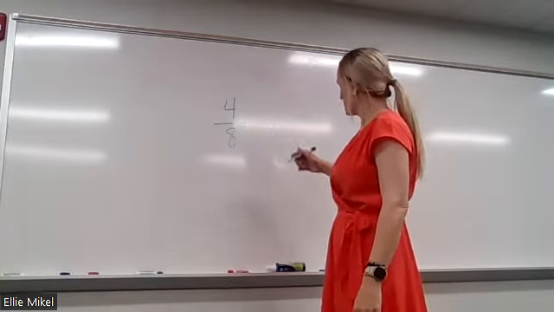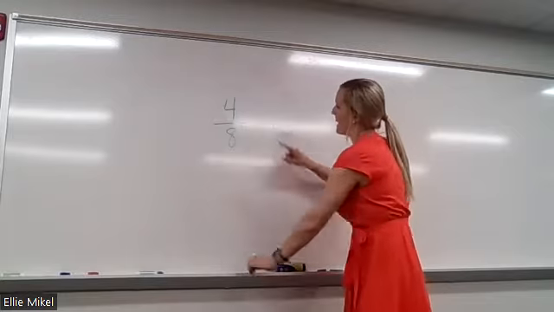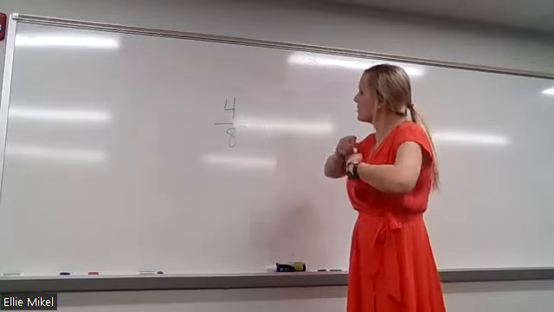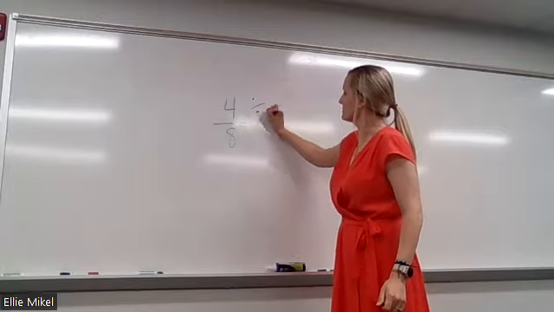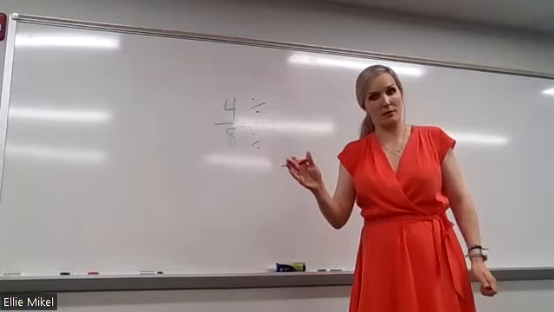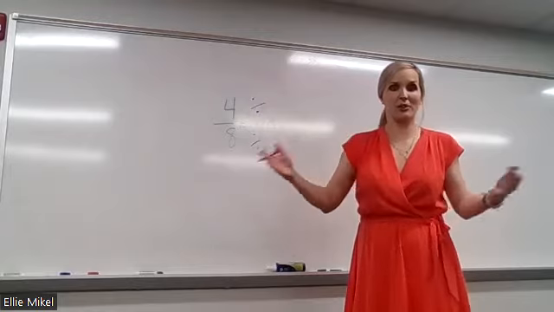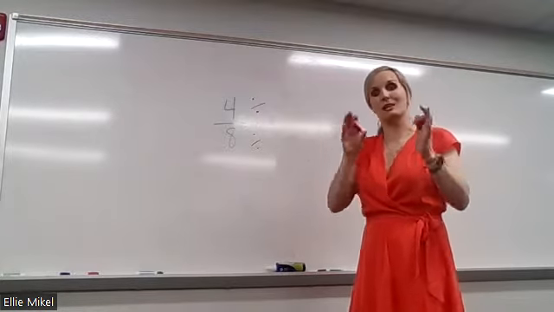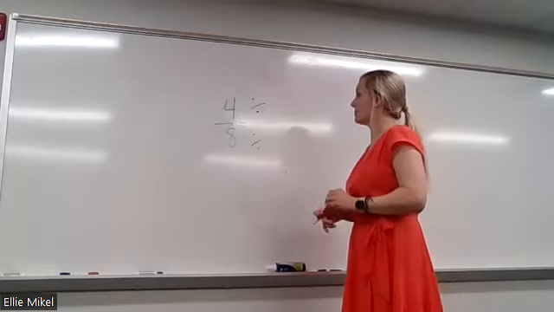So what you're going to want to do is this: if the top number, your numerator, and the bottom number, your denominator, can both be divided by the same thing, where the answer comes out to be a whole number, then you can reduce. For example, I can't divide 4 by 3 because that's going to give me a decimal. So we want to make sure we can divide both of these numbers by the same thing.